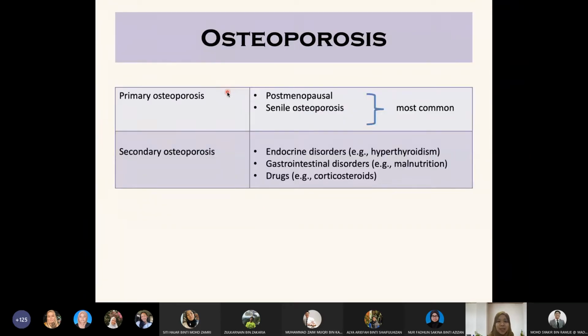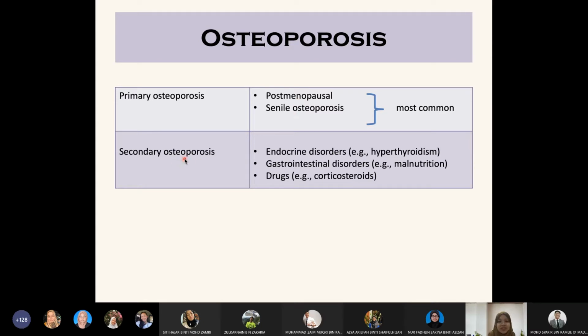Osteoporosis is categorized into two: number 1 is primary and number 2 is secondary. Among these two, primary is the more common. Under primary, you have postmenopausal and senile osteoporosis. Postmenopausal is osteoporosis which occurs after menopause in females, and senile osteoporosis is age-related osteoporosis which occurs in elderly patients.